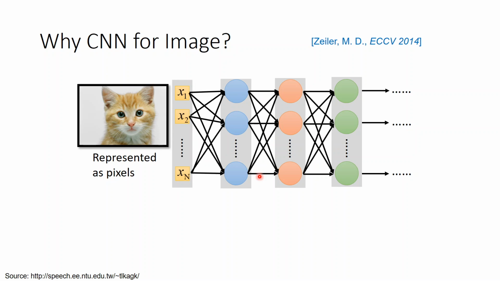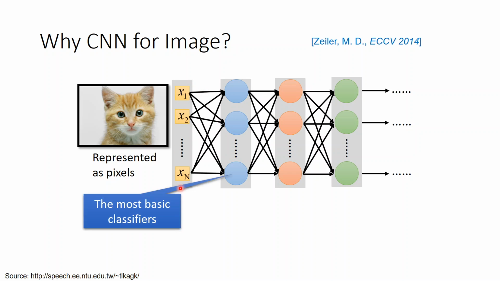And why can CNN do this? Remember that in our slide before, we have many layers here, and the figure is represented as pixels at our input.